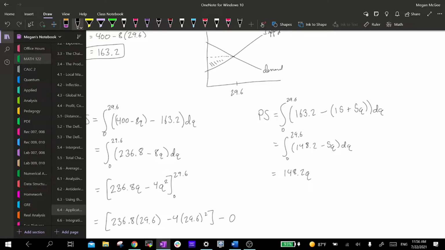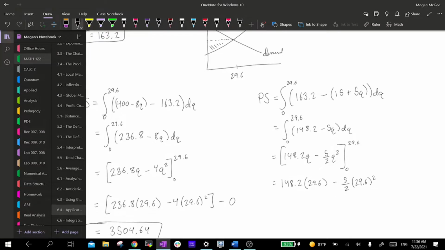So we get 148.2 times q minus 5 halves q squared, evaluated from 0 up to 29.6. So we get 148.2 times 29.6 minus 5 halves times 29.6 squared.